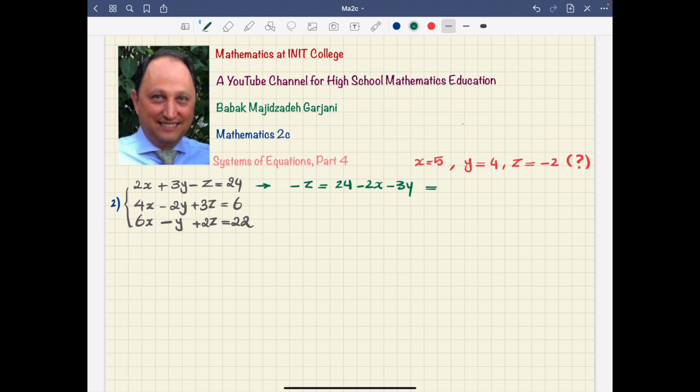And then I multiply both sides by negative 1 to make z alone. So this becomes 2x, the other one becomes 3y, and the other one becomes minus 24, yes? I just multiplied them because I told you that I'm always optimistic. I start with positive signs. So that's why I put 2x first, 3y second, and minus 24 last.